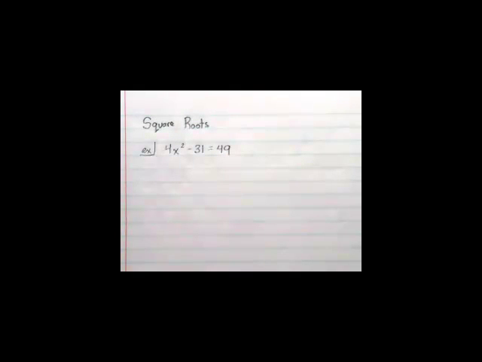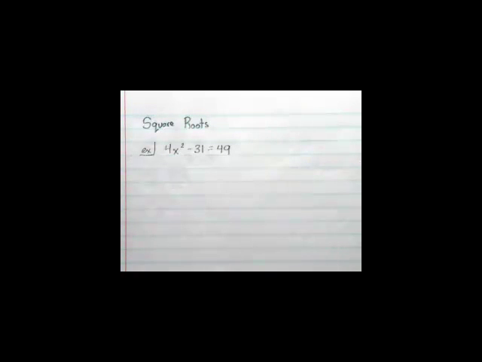Let's say we have an equation like this. If it is possible to isolate the square, then a square root is a good method to use. We'll talk about in a little bit how you tell the difference.